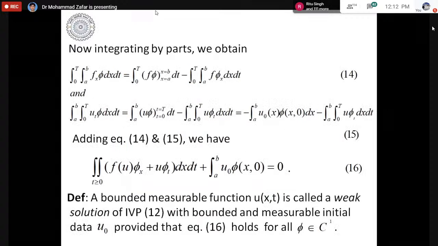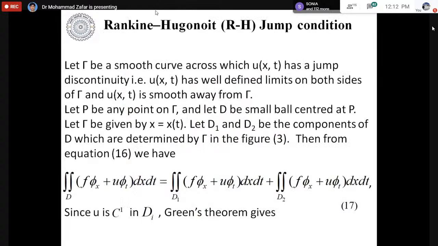Yes, this 16, from which we have given this definition of weak solution. So this equation 16, that is f phi x plus u phi t dx dt. So phi of x comma 0 will be 0. Why we are doing this, we will show. Just come back to the same slide.